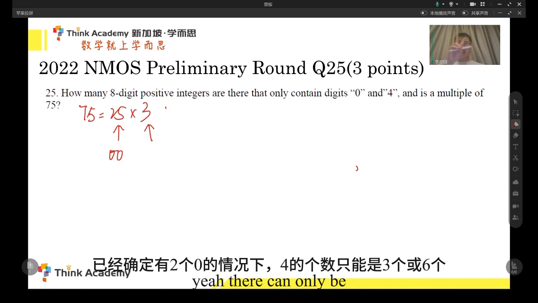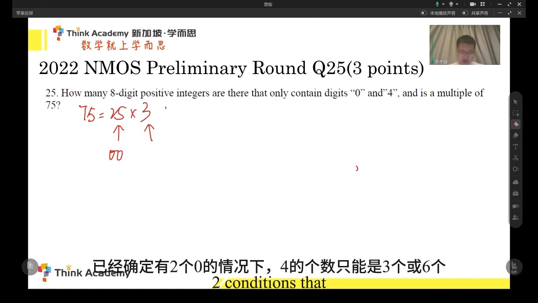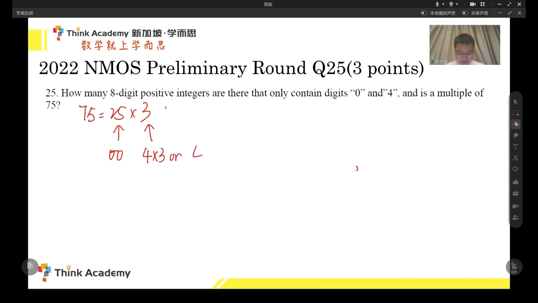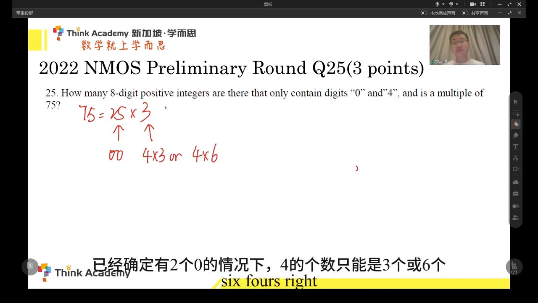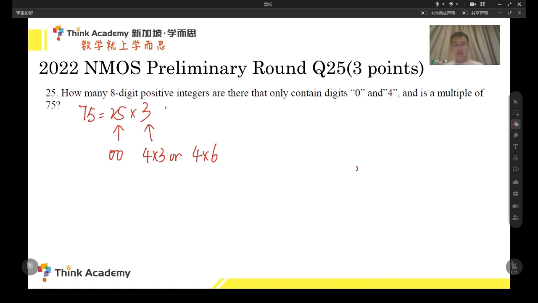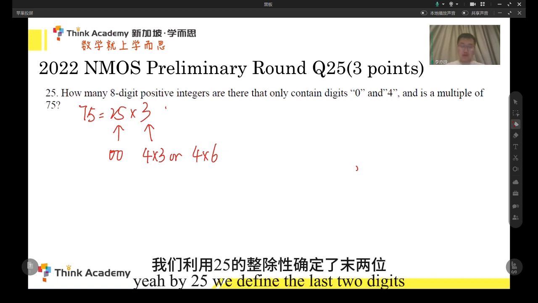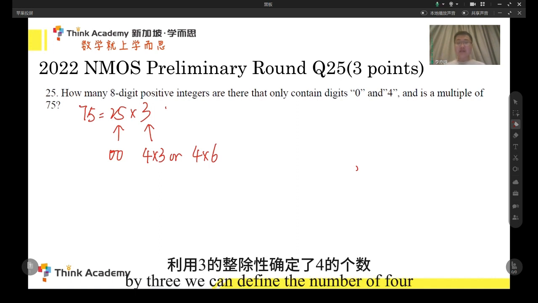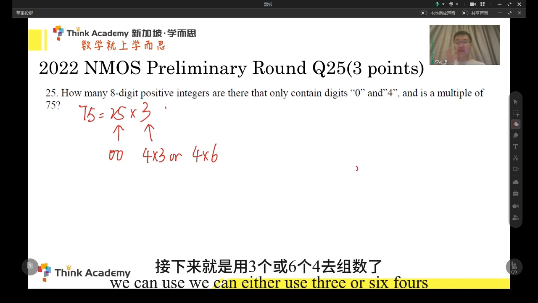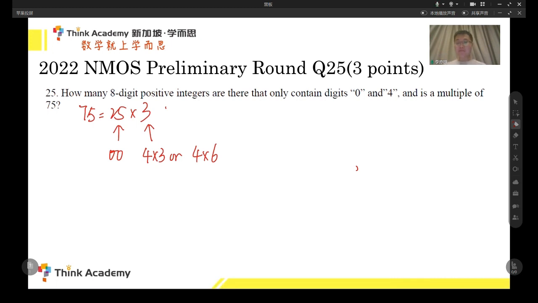There are 2 conditions: 3 fours or 6 fours, right? So by 25 we define the last 2 digits, and by 3 we define the number of 4s we can use: either 3 or 6.